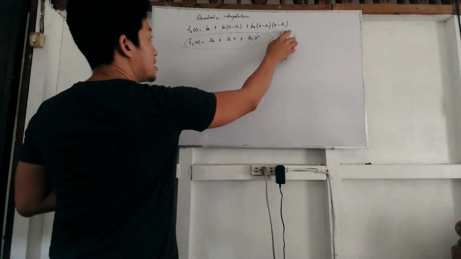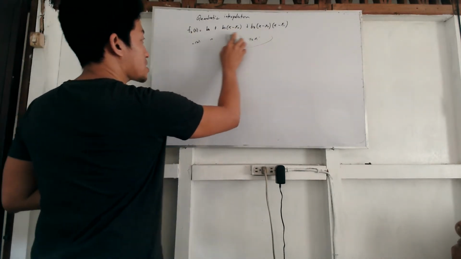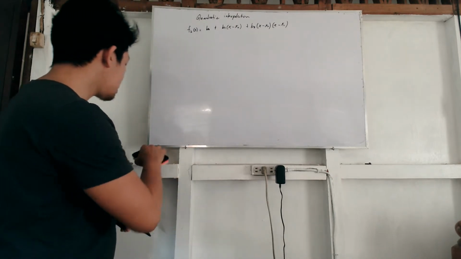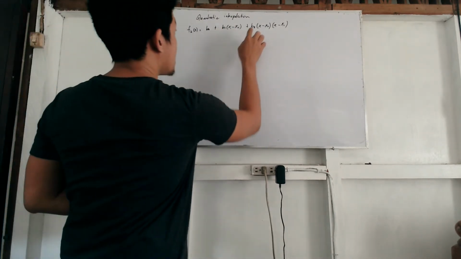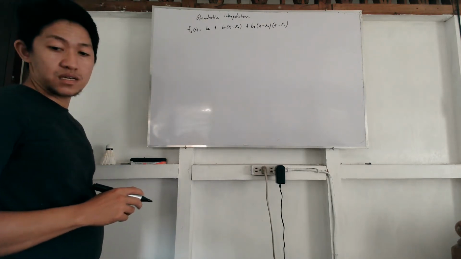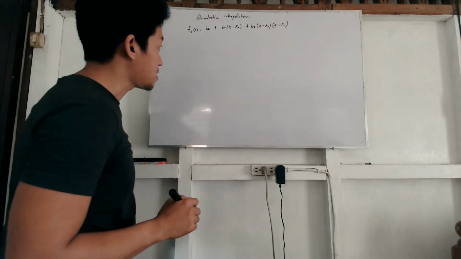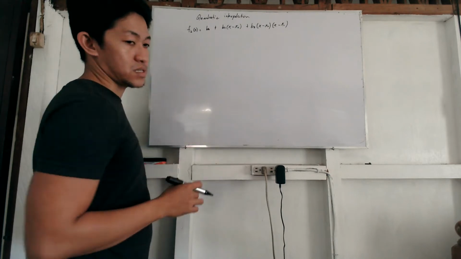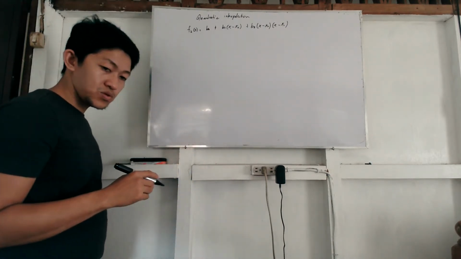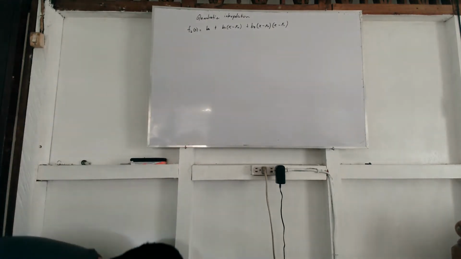so knowing that one, our objective now is to determine the coefficients of these three variables, or the value of these three coefficients. So first, we'll do the elimination process.